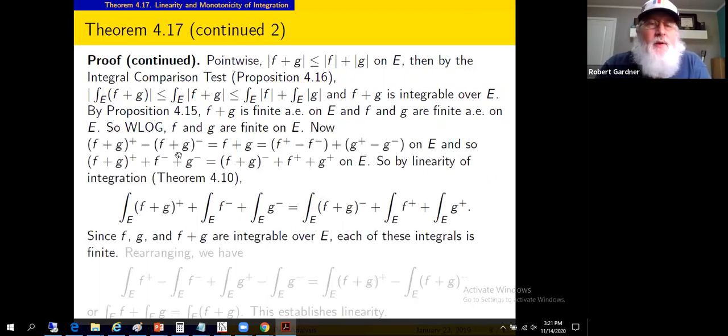All right. Let's look at the positive part of f plus g minus the negative part of f plus g, because we want to integrate f plus g, and we'll have to do it in positive and negative parts. Well, the positive part of a function minus the negative part of a function is that function.